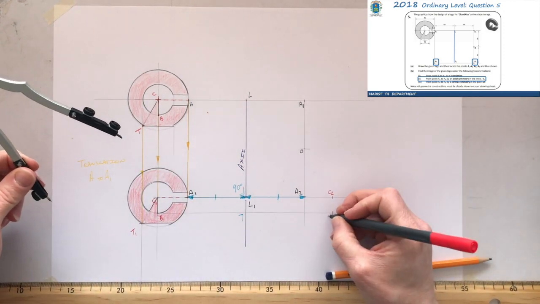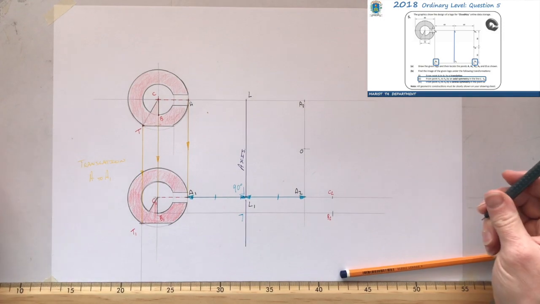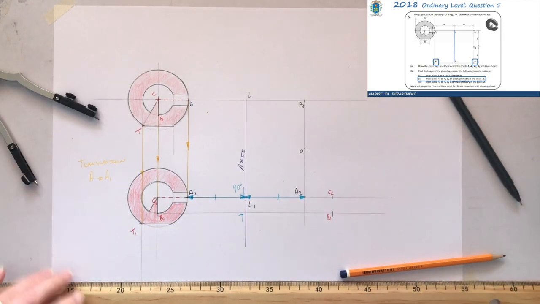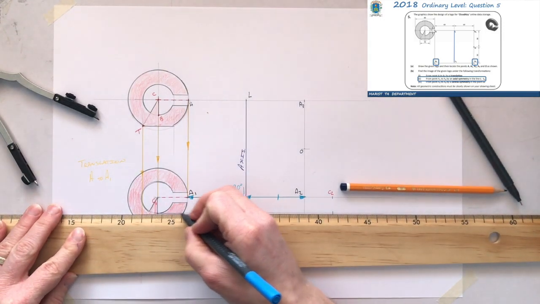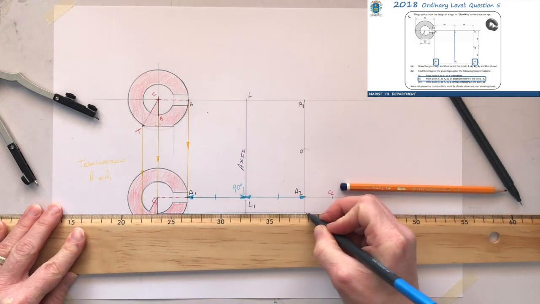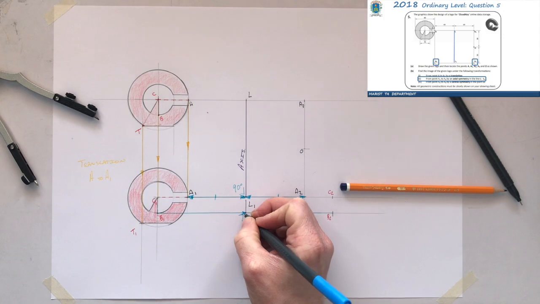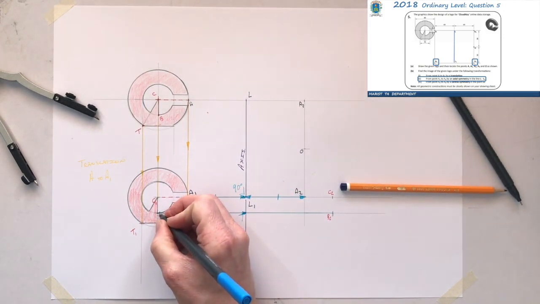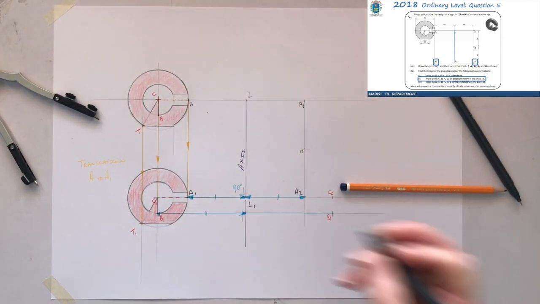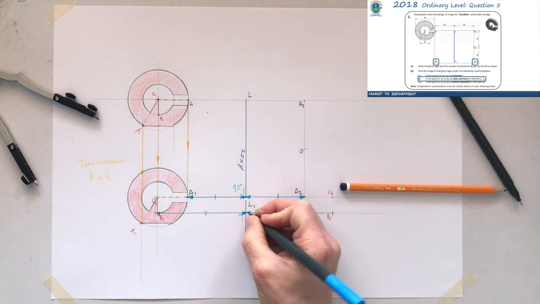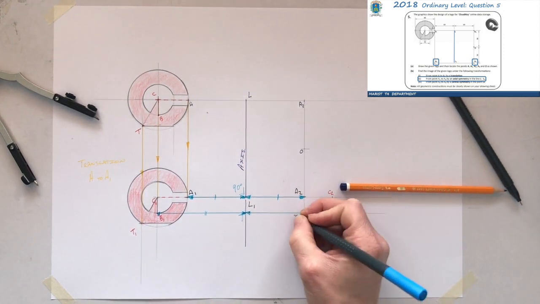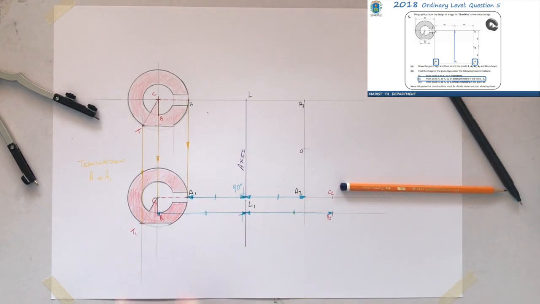And again, there is B2. Okay. Remember, whatever the distance from B1 to the axis is the exact same as the axis to B2. So this distance just here, from there to the point, is the exact same as from the axis to the new point. So those distances are the same.